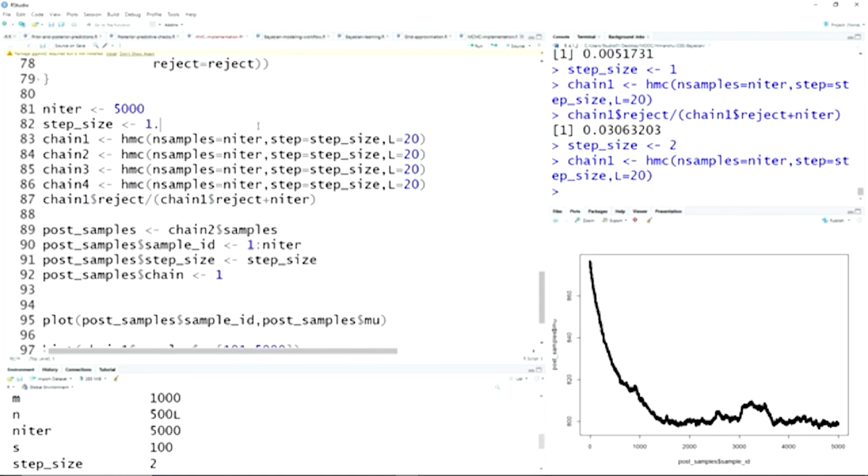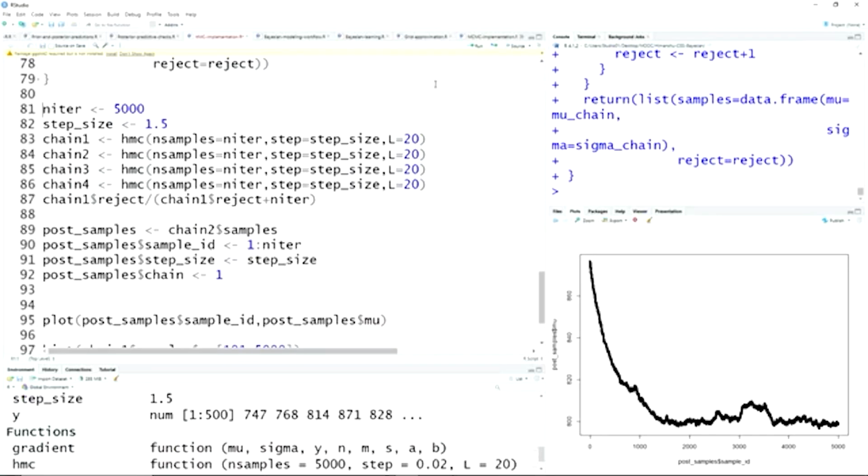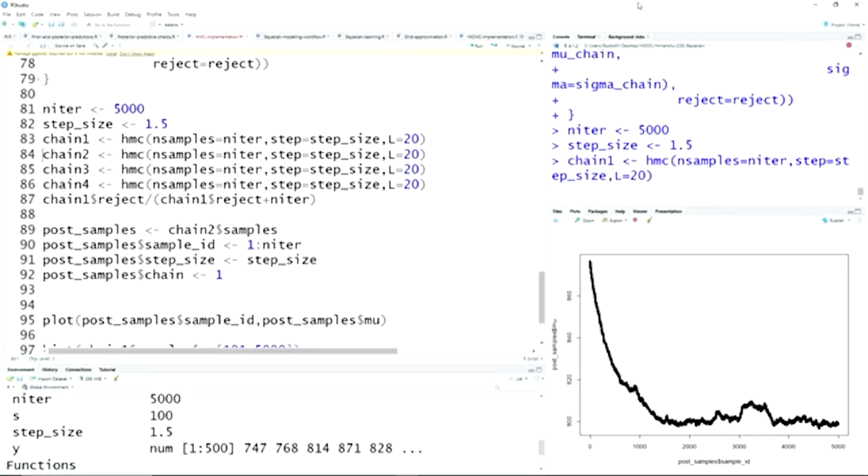Let me go with 1.5 first. So anyway, you can run it for yourself and you can check with different step sizes.